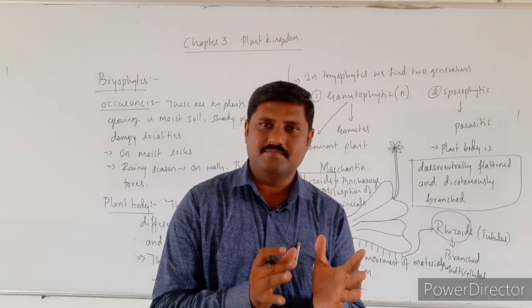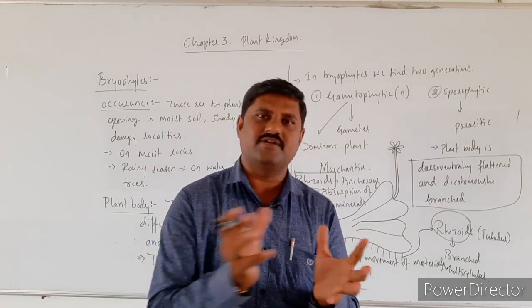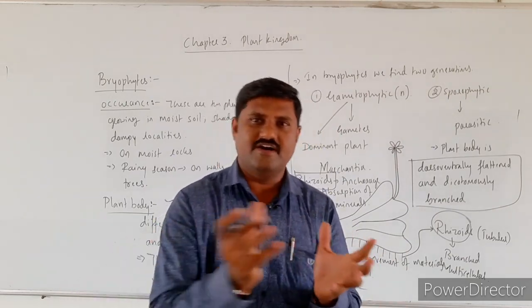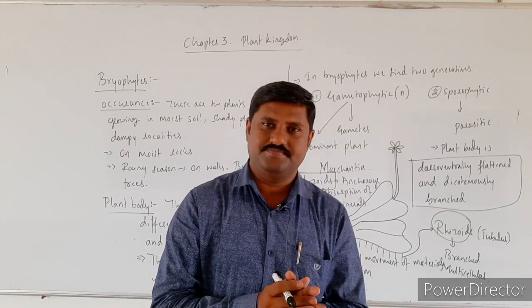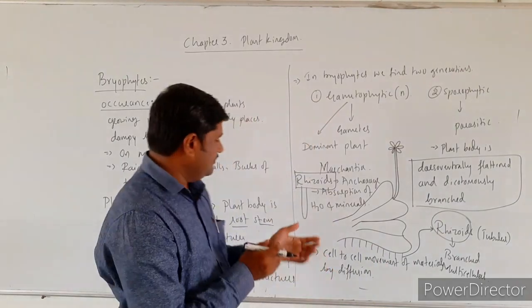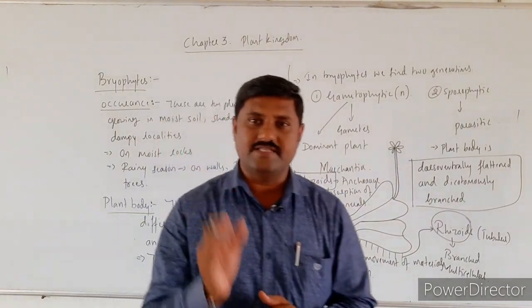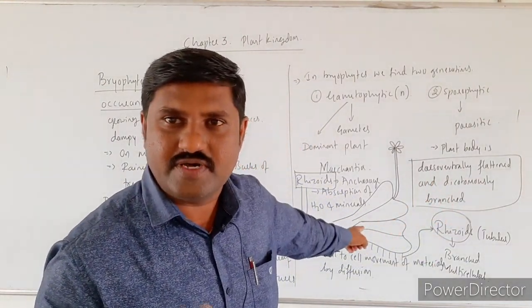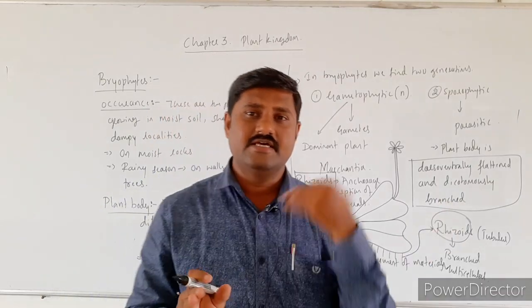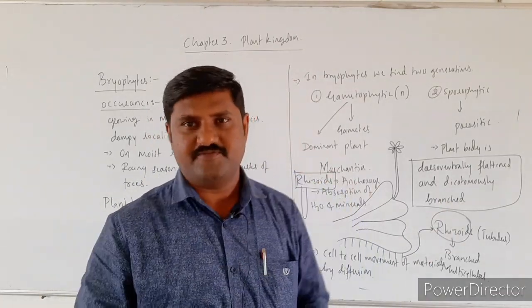Cell to cell, by diffusion, the movement of water takes place, the movement of food material takes place. Right? So this is how the conduction of water as well as food material takes place in these lower plants, which do not have any xylem as well as phloem, of course.